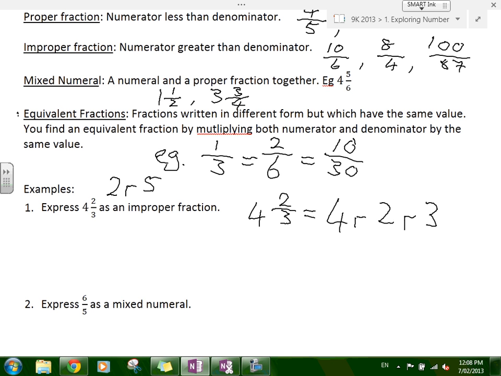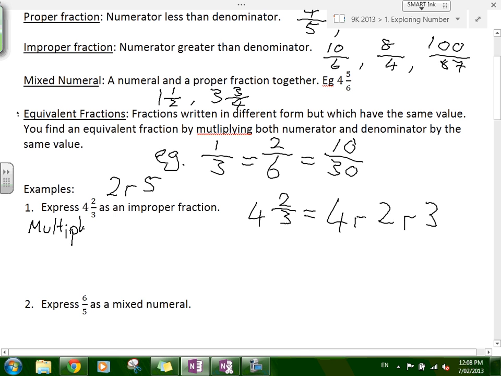You multiply the denominator with the numeral and add it to the numerator.